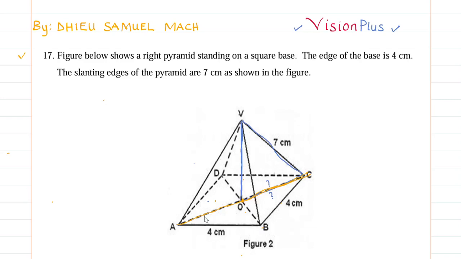What we can do is to extract another right angle triangle here, that is A to C and then to B. That is a right angled triangle, simply because the base is a square. Each of the angles of the square is 90 degrees.